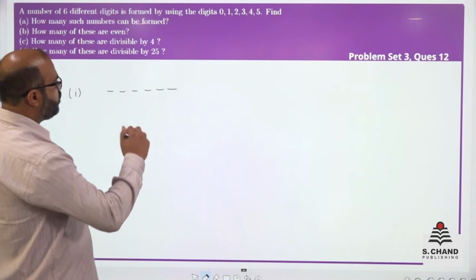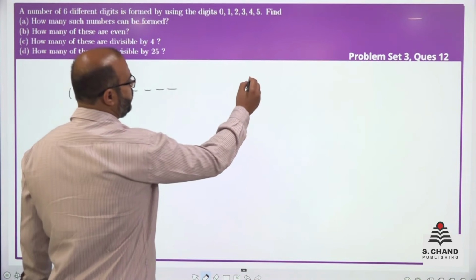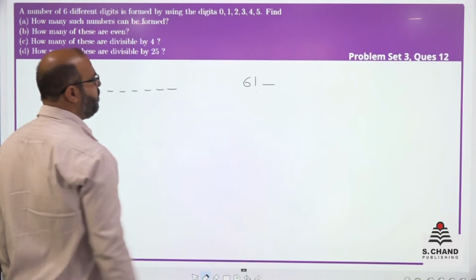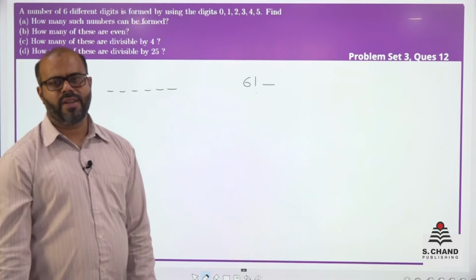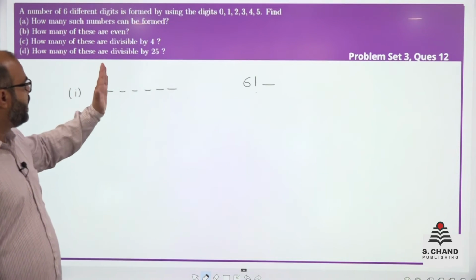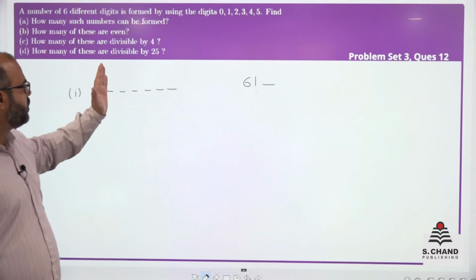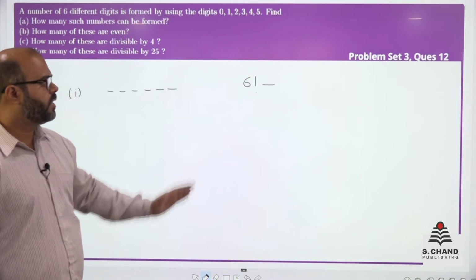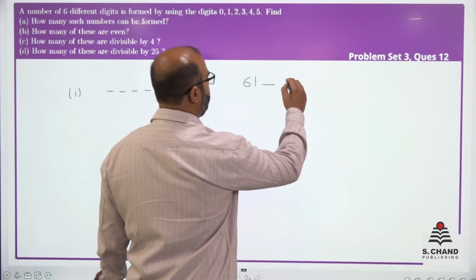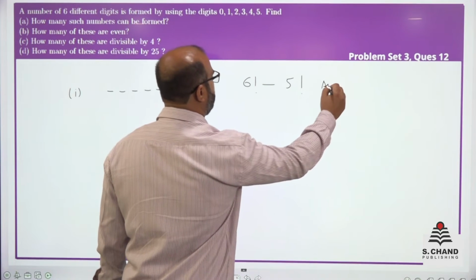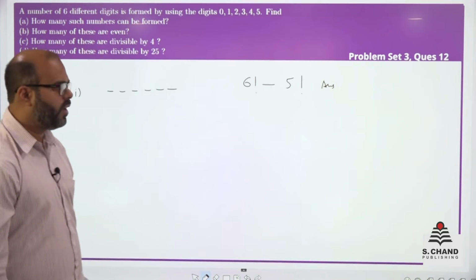So first let us see the total number of arrangements, that is 6 factorial. From that we subtract the number of arrangements where 0 comes at the 100,000 place. Then there are 5 places and they can be arranged in 5 factorial ways. So this is our answer, 6 factorial minus 5 factorial.